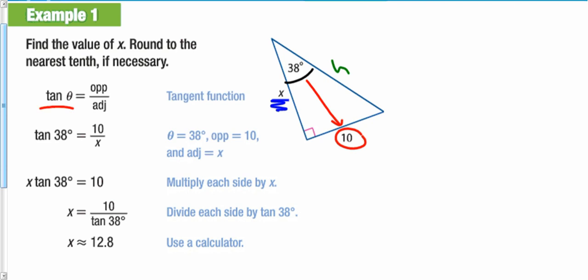So from there, I'm going to put tangent of 38 is equal to 10 over x, opposite over adjacent. As you can see from the directions right here, multiply each side by x, divide by the tangent, use your calculator to get your answer of 12. Then make sure your answer makes sense. 38 degrees is going to be the smallest angle in this triangle, so 10 should be the smallest side of this triangle, which means that my answer should be over 10, which it is.